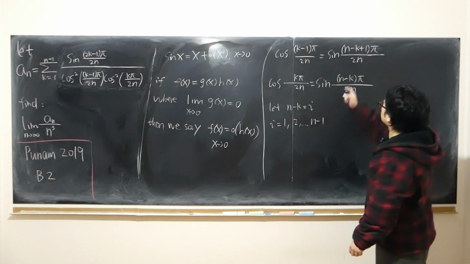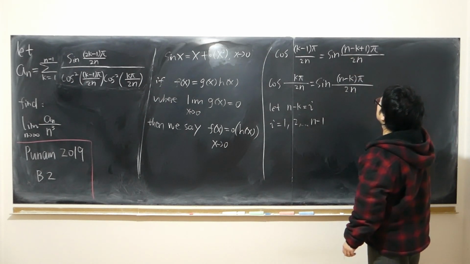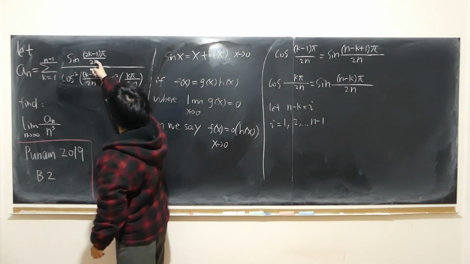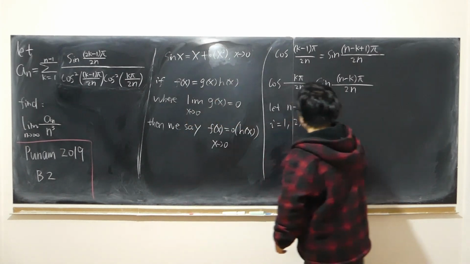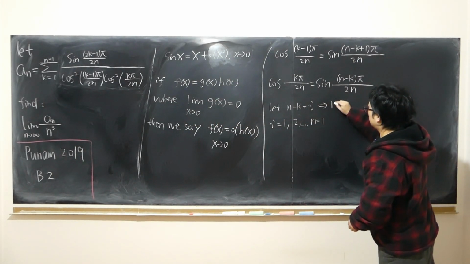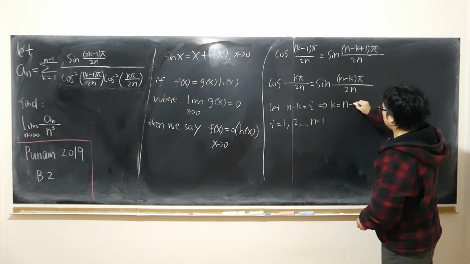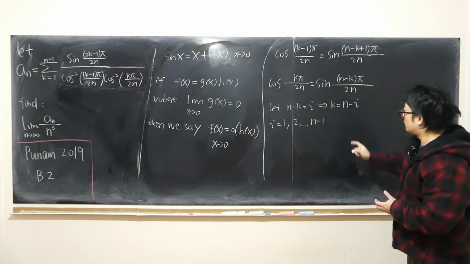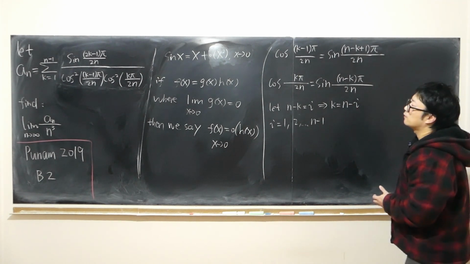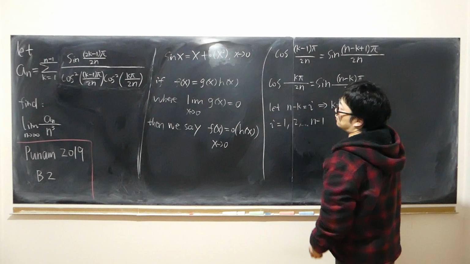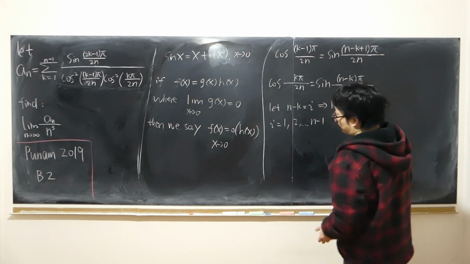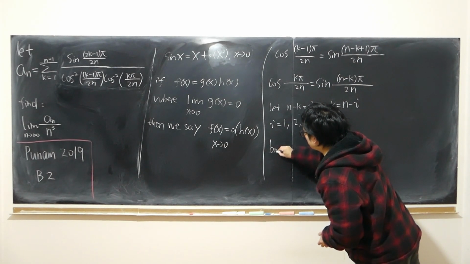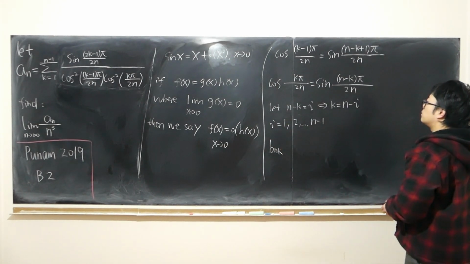So again, we can also replace n minus k here as well. But what can we do about this one? Right? What can we do about it? So this implies that k is equal to n minus i. Again, we replace every k in terms of i. So this finite sum, the inside summand, call it b_nk.